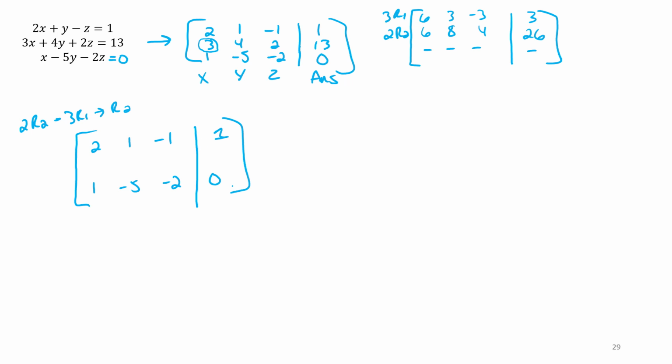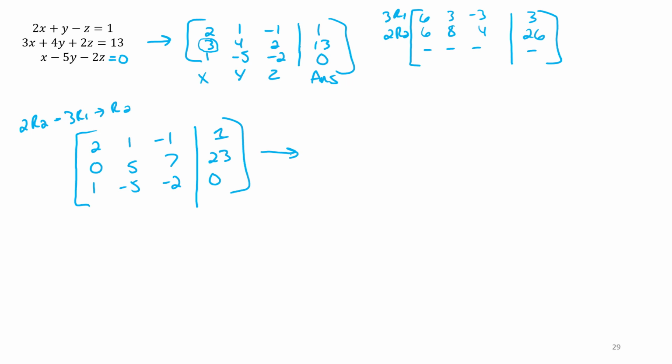So 6 minus 6 is 0 for row 2. 8 minus 3 is 5. 4 minus -3 is 7. And 26 minus 3 is 23.